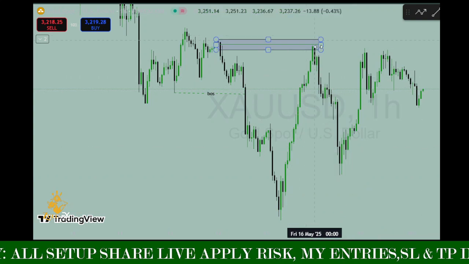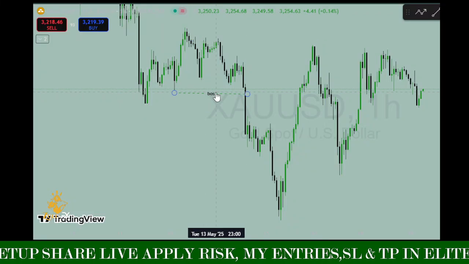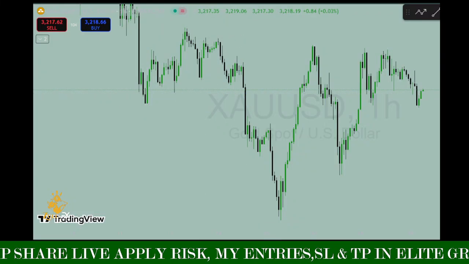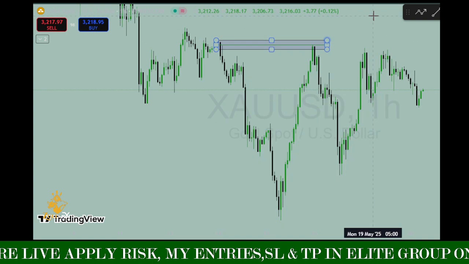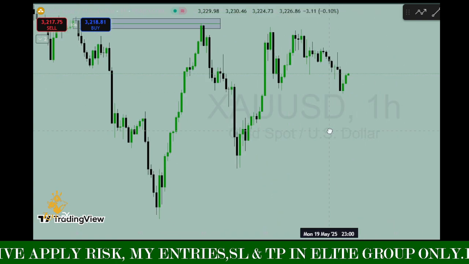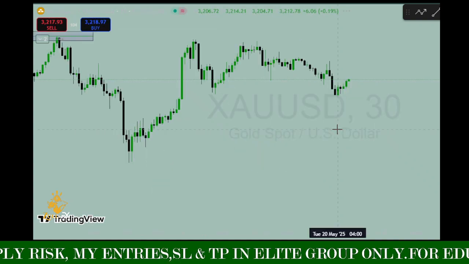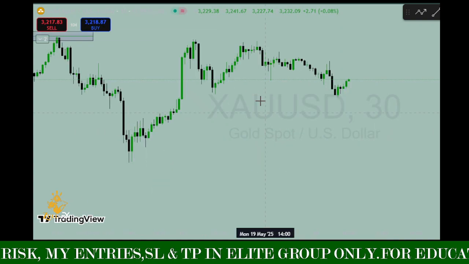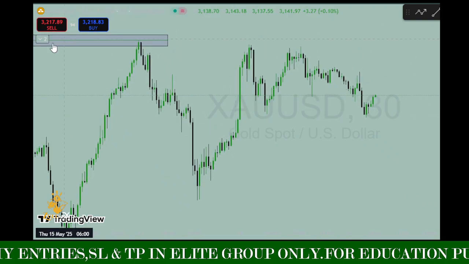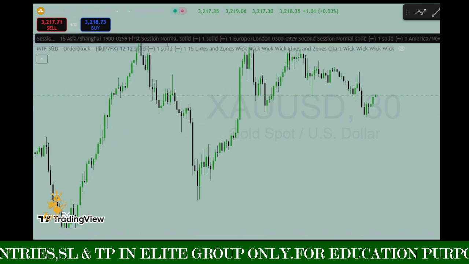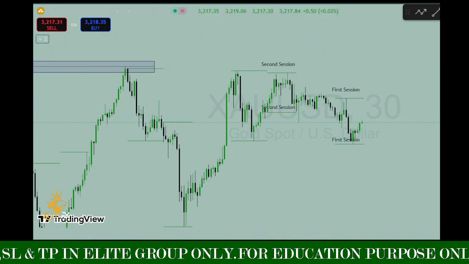Okay, let's now move to where the market is right now. You can see clearly that this play out had already happened, so we're not going to focus on this region for now. We want to see what the market is doing right now. If we switch to the 30 minute time frame, let me open the indicator, the sessions liquidity range.